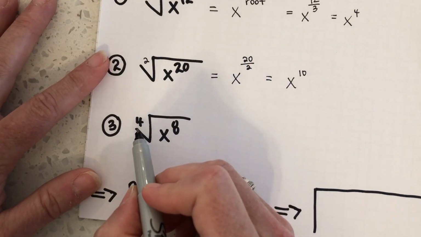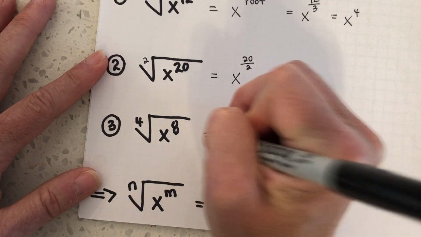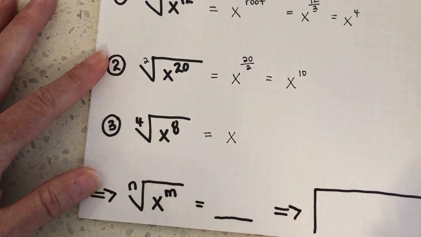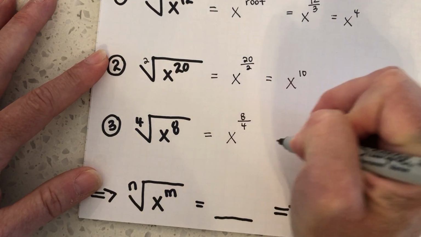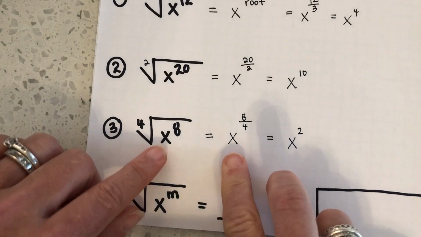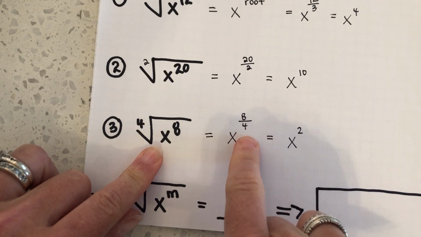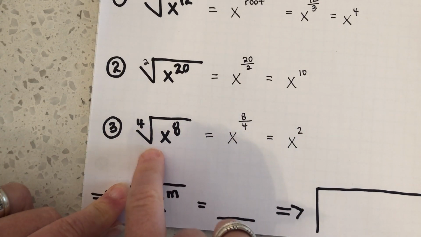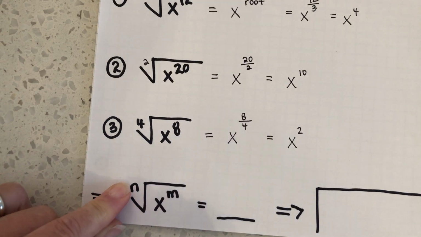So look here, if I asked you what's the 4th root of x to the 8th? Well, again, last week we saw we would turn this into x to the power 8 divided by the root 4, and it became x squared. But it's the same thing. These are equivalent. So we're going to turn a fractional exponent back into a radical with a root and a power, or exponent, if you will.